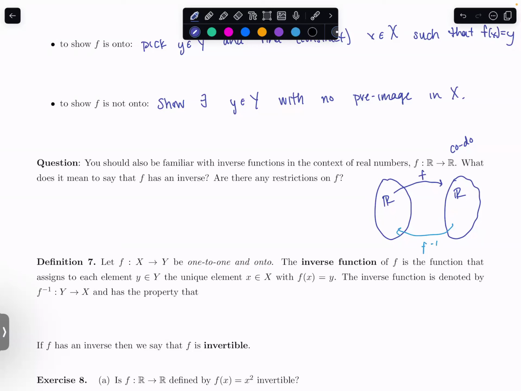So for our inverse to be a function, everything over here has to map somewhere. That means under the original function f, everything got hit. So the original function f has to be onto in order for f inverse to work, because everything in the domain has to go somewhere. So for a function to have an inverse, f actually needs to be one-to-one and onto.